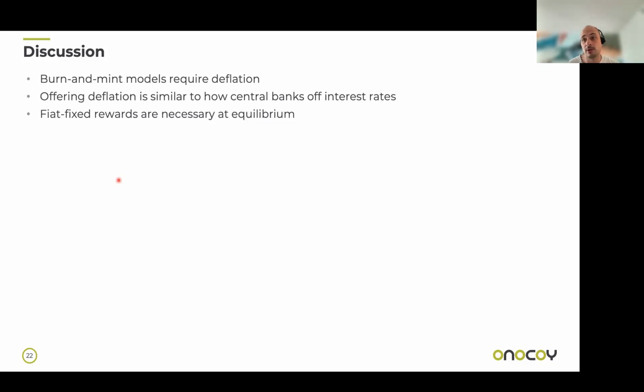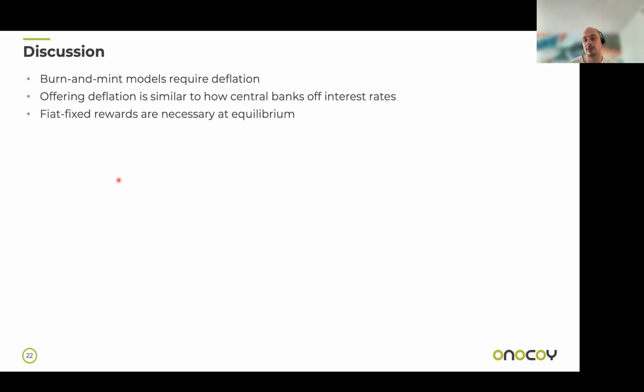My own personal opinion is also that eventually, if we succeed, you should move totally to fiat. There will be no need for the token at some point in a burn-and-mint economy. I think it introduces a volatility that is unnecessary at some point.